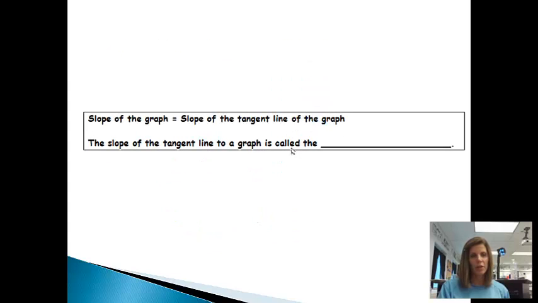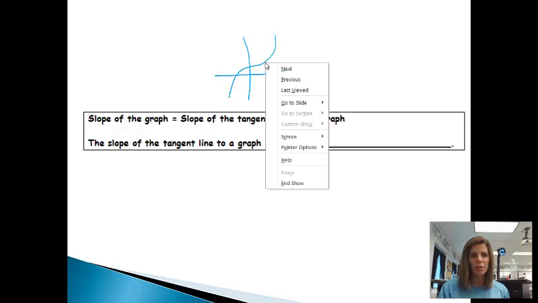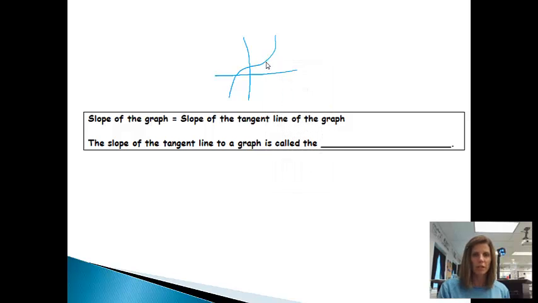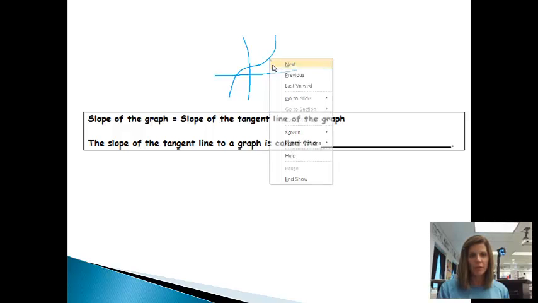All right, so when we've been talking about the slope of the graph, we are actually talking about the slope of the tangent line of the graph, and let me just draw a picture of that. When we have something that maybe looks like that, and I want to find the slope of the graph at a certain point, it's at that point.